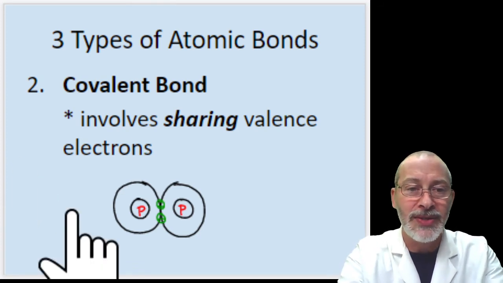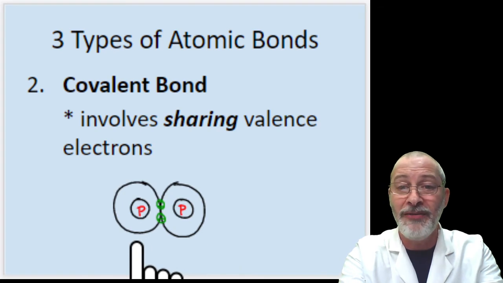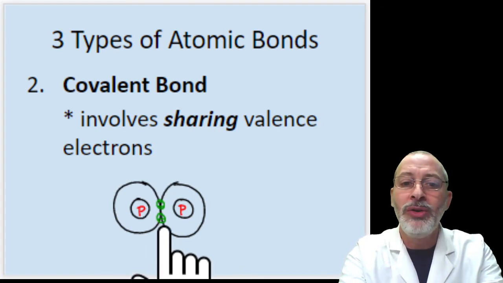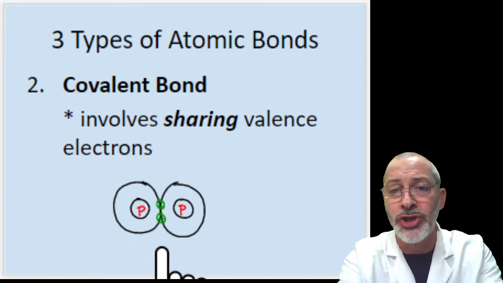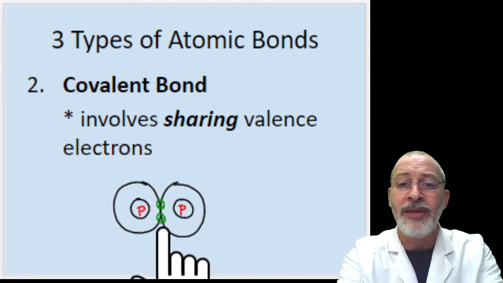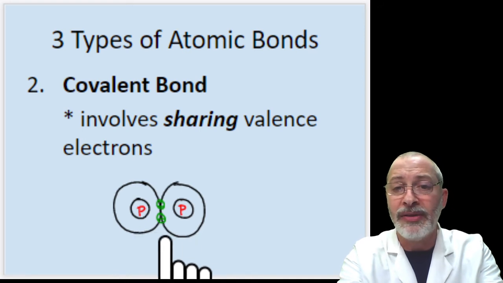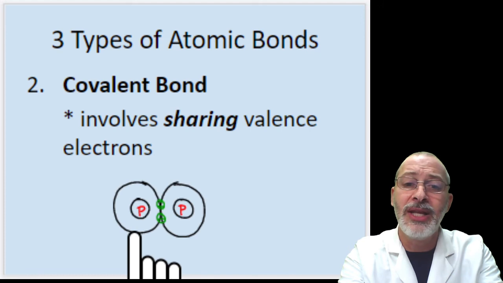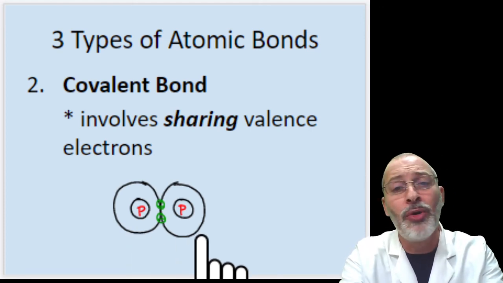Covalent bonds. Imagine we've got these two atoms, one on the left, one on the right. And both of them only have, and let's assume for a moment it is the first energy level with both, they both only have one valence electron. If we separate these two atoms, this atom would have only one valence electron, this one would only have one valence electron, and they'd both be unhappy.